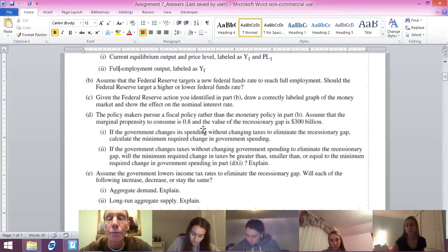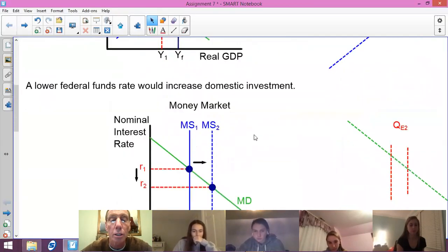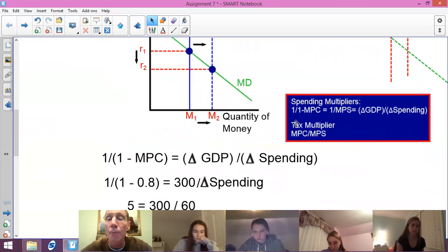So now we need to figure out what they need to do in terms of spending more. Now here we're going to use what's called a multiplier, which says that 1 over 1 minus the marginal propensity to consume equals change in GDP over change in spending.